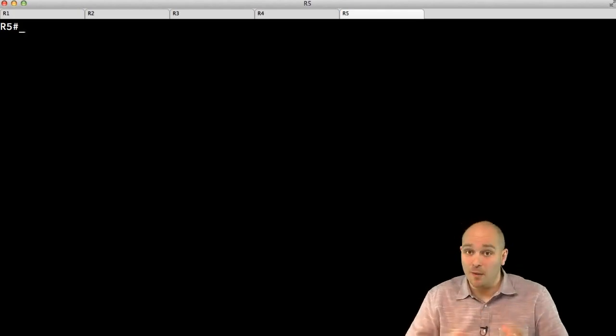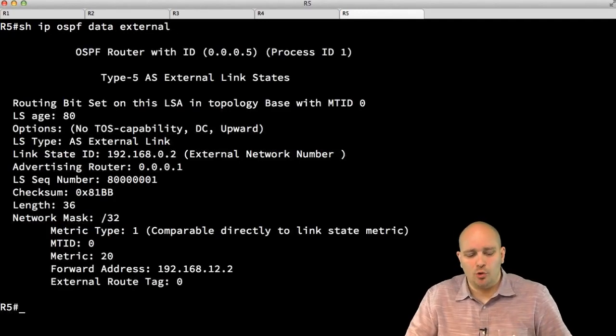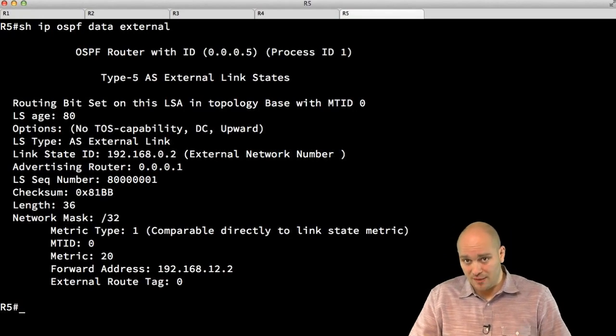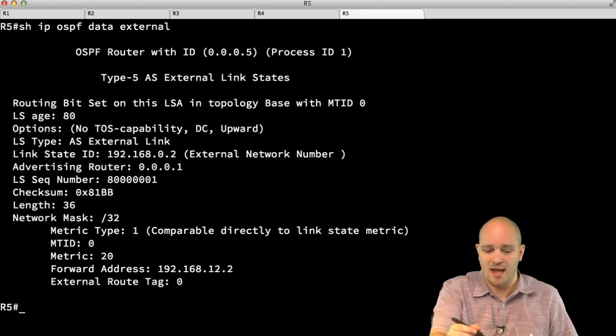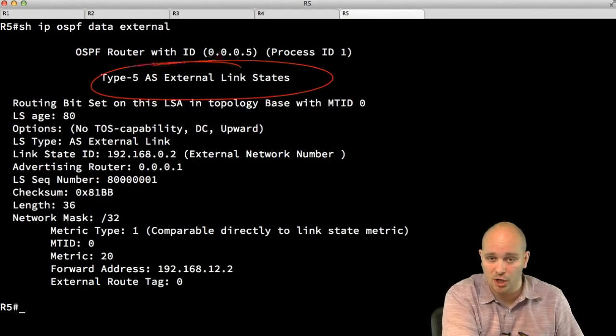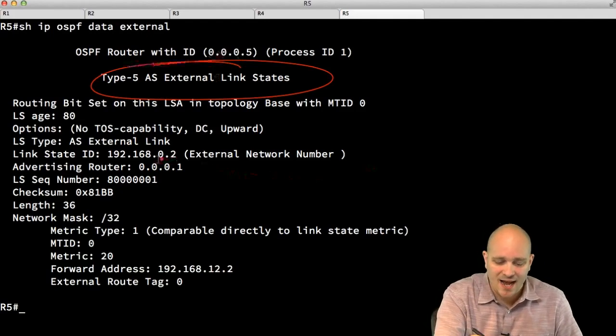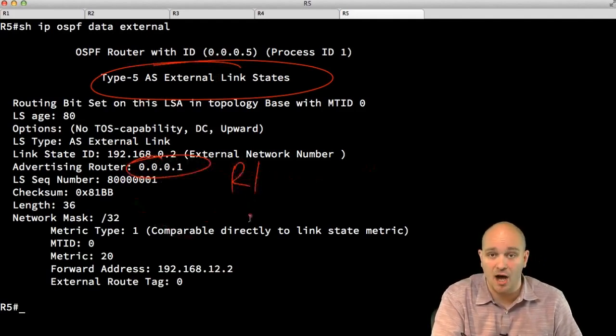So now I am back on R5, and I'm going to run show IP OSPF database external. Now what I'm going to be seeing here is a type 5 LSA, and as we can see here, this type 5 LSA is not part of any area. It is global in the database, and I can see now that it was actually advertised by R1.